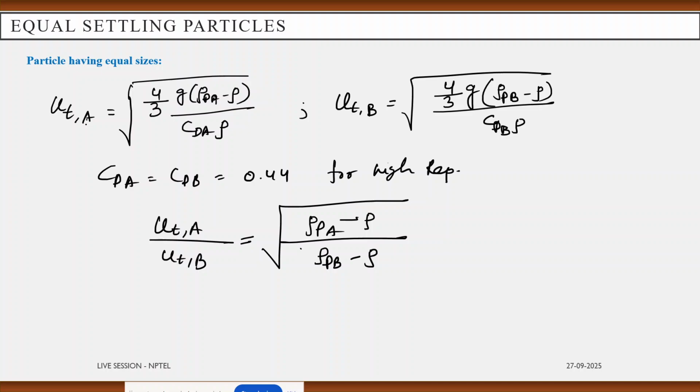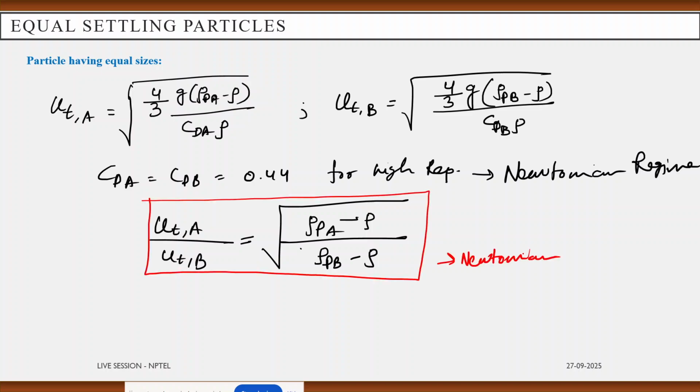So this one is having Newtonian regime. So you have to understand, remember this one. This one is Newtonian regime.